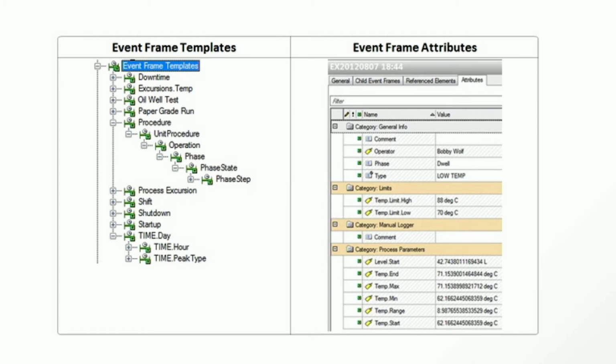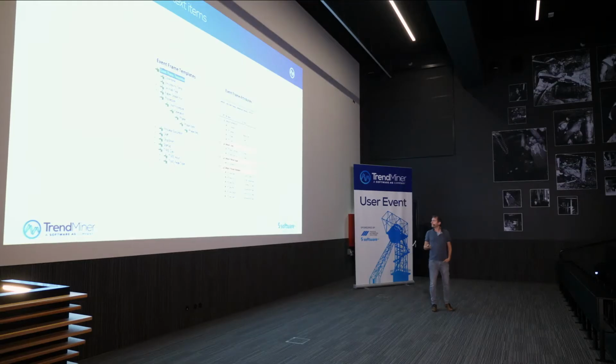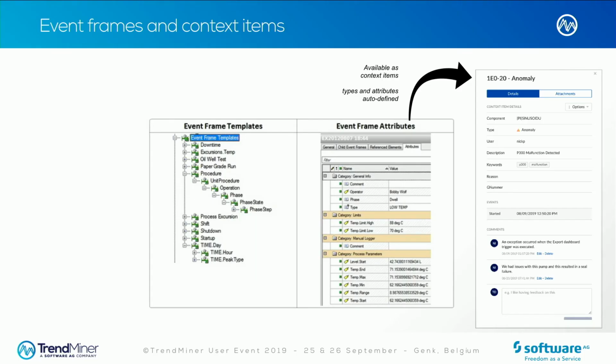So you can basically define your templates according to ISA 88 if you're doing a batch process, to set that up like that. Now what we do on the TrendMiner side with the event frames is basically two things. We have a possibility to also make that data available, and it's out of the box inside Context Hub.